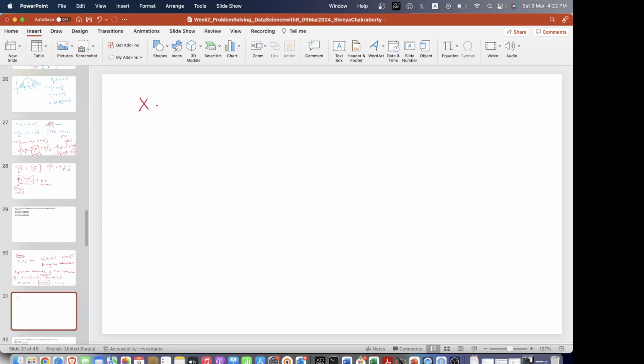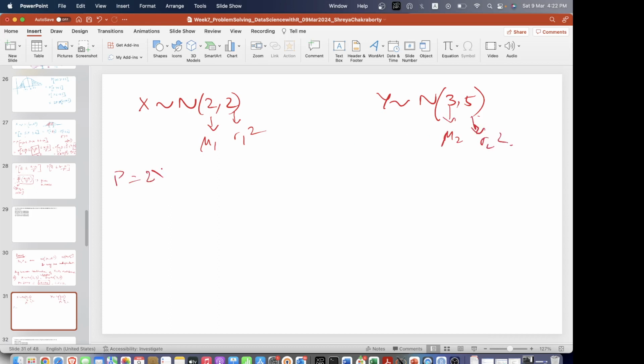So x follows normal 2, 2, y follows normal 3, 5. So this is mu1, this is sigma 1 square, this is mu2, and this is sigma 2 square. And I wanted to find out 2x plus y, which is of the form cx plus dy. Alright, so p also follows a normal distribution.